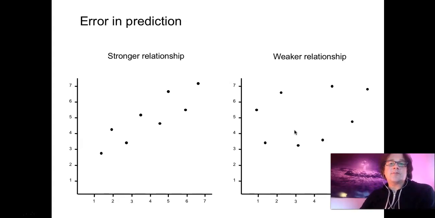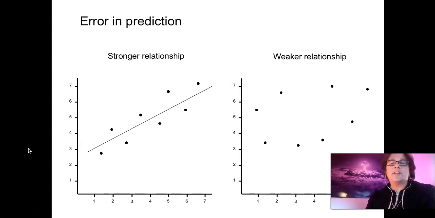The scatter plot on the left here represents a stronger relationship, and hopefully we could tell that just by looking at it, compared to the scatter plot on the right, which has a weaker relationship. The scores are more spread out. There's a lot more variance here. In this model, the scores are hanging closer together, more tightly together. Not 100%, right? There's still some variance in there, but they're closer.